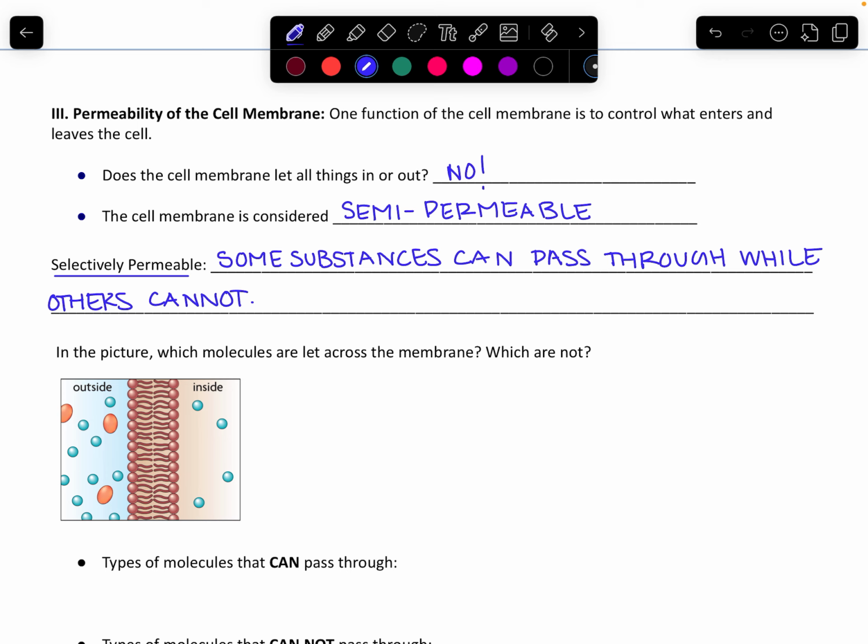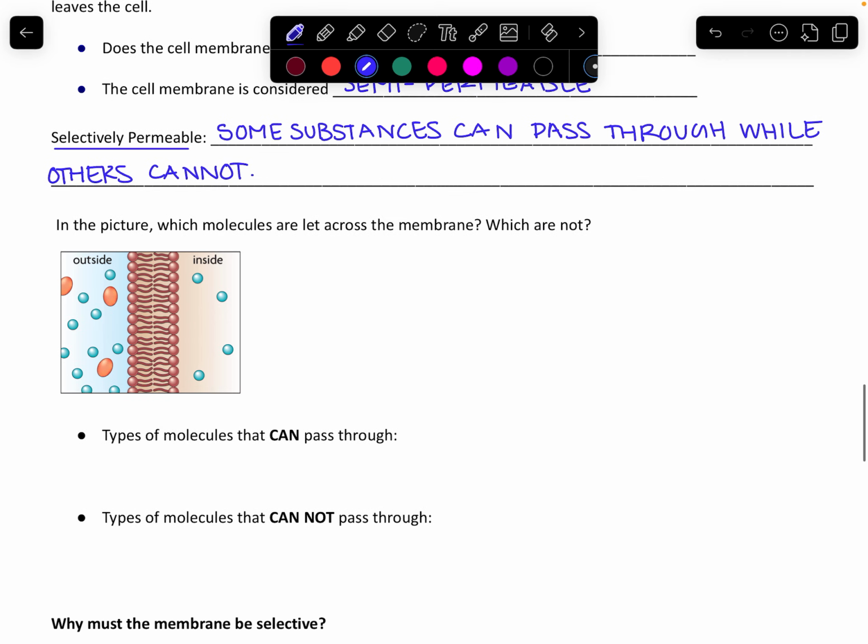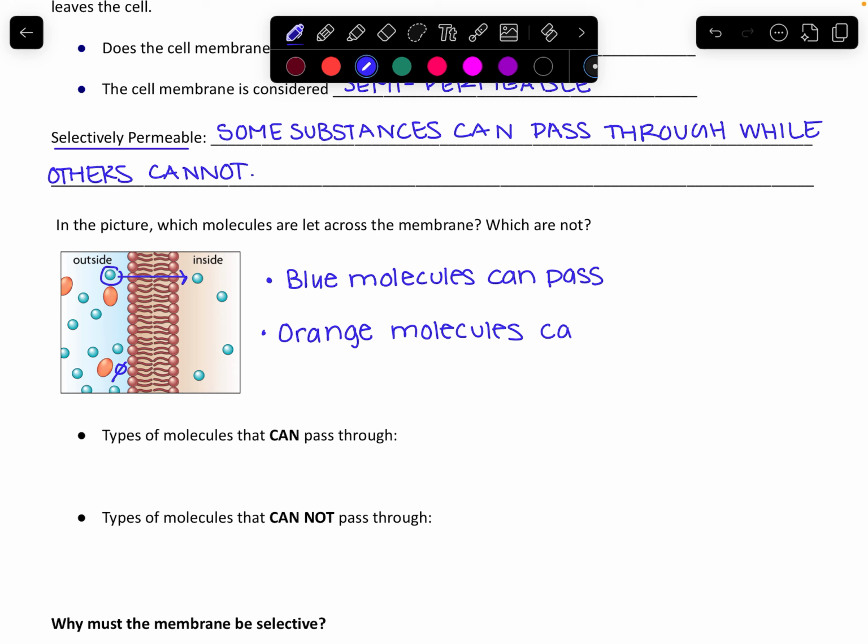Okay, so looking at this image here, we see a perfect depiction of semi-permeability. Here we see that these blue molecules are able to cross the phospholipid bilayer directly, and these orange molecules can't. So our blue molecules can pass, but the orange molecules cannot pass.